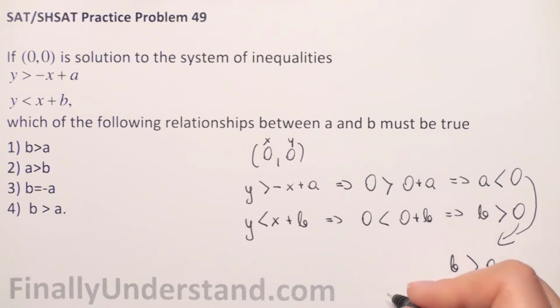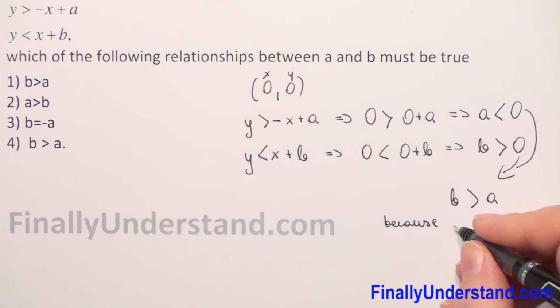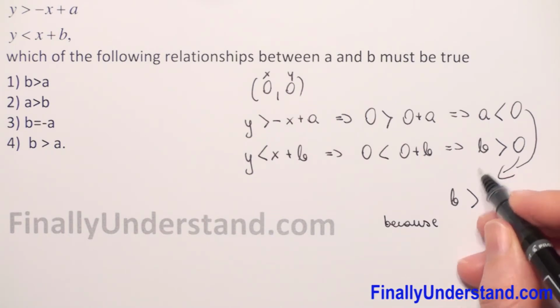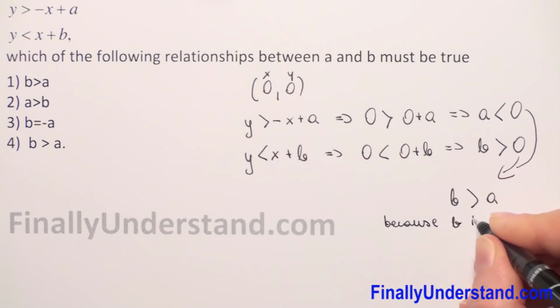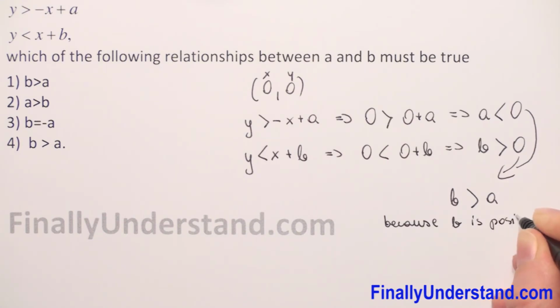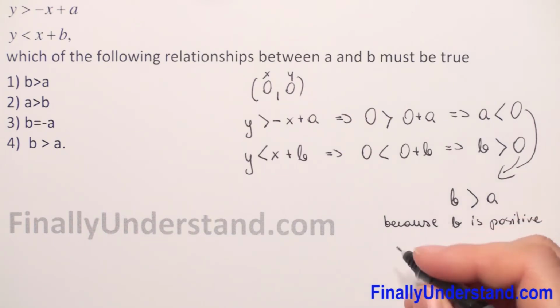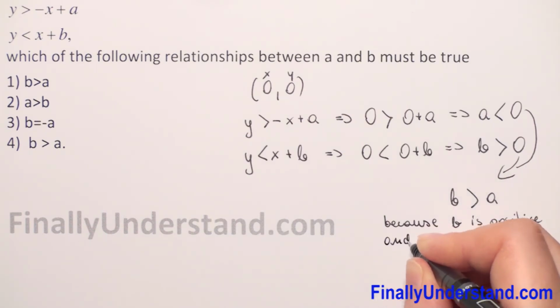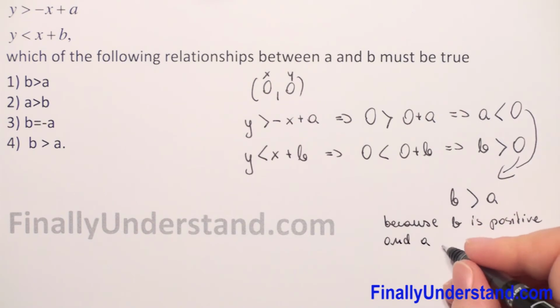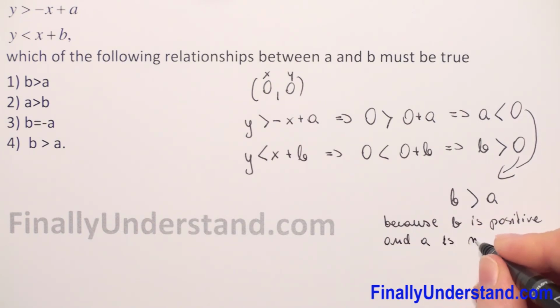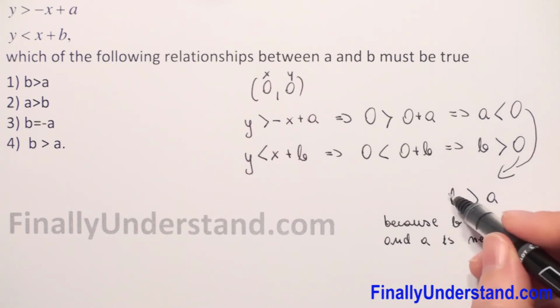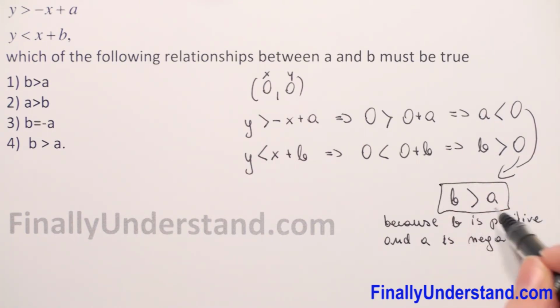Let me write this. Because b is positive, we found that b is greater than 0, and a is less than 0, so a is negative. That's why I can write that b is greater than a.